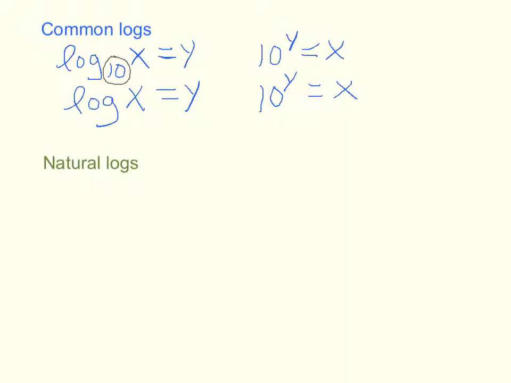The natural logs are log base e. So if we write log base e of x is equal to y, that's the same thing as saying e raised to the y gives us x.